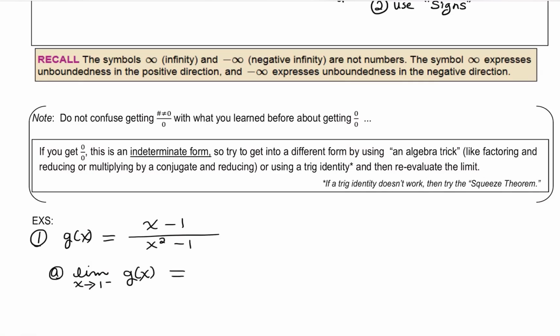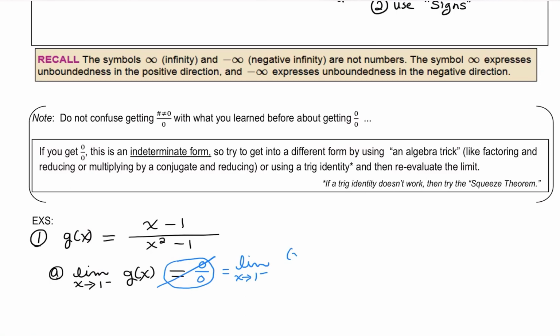What do I do first? I think about direct substitution. The problem is here, I get 0 over 0. And so right away, I'm making you go back to what we've done before. That is our indeterminate form. And so we need to know that that means we need to do some algebra.